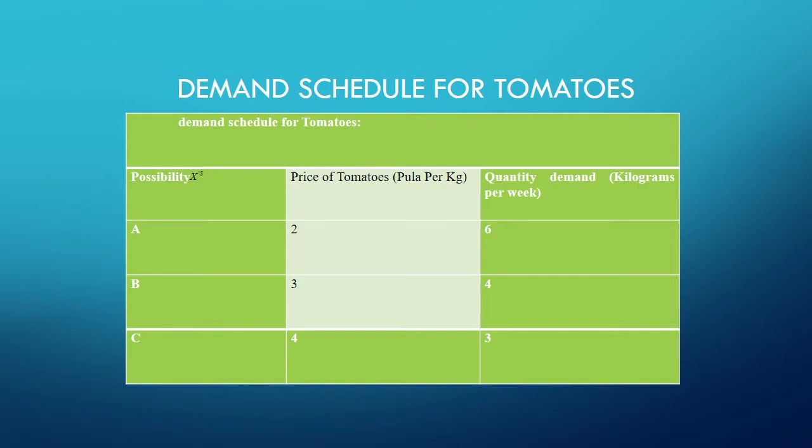We are assuming that somebody has got 12 pula, that is Botswana currency, and wants to use the 12 pula to buy tomatoes. So when the price is 2, the person will be able to buy 6 kilograms of tomatoes. When the price increases to 3, the person will only be able to buy 4 kilograms of tomatoes. So the quantity demanded falls.